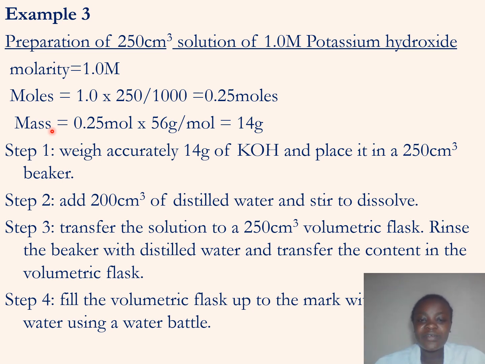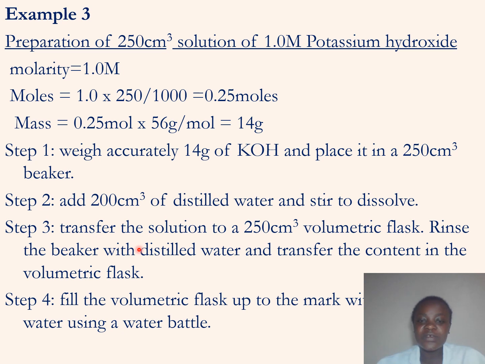So weigh accurately 14 grams of potassium hydroxide and place it in a 250 centimeters cubed beaker. So we can even use a 200 or 100 centimeters cubed as long as we add distilled water and then start to dissolve the solute.